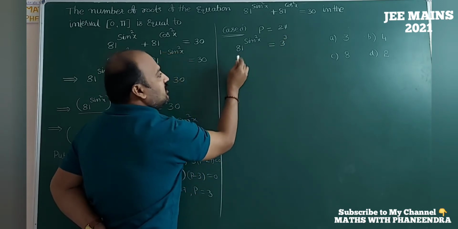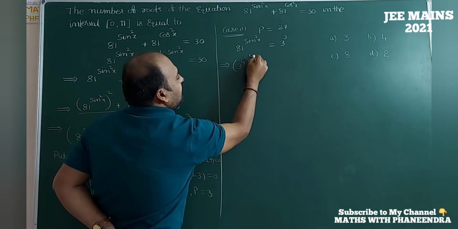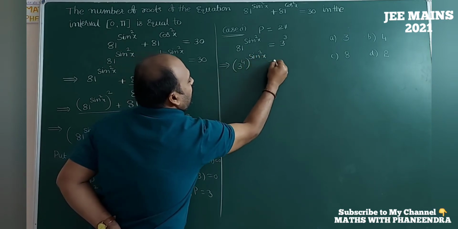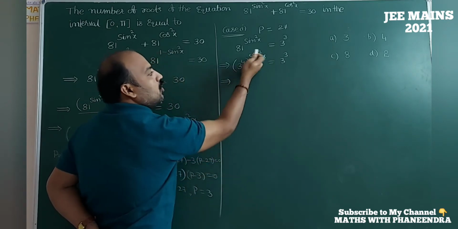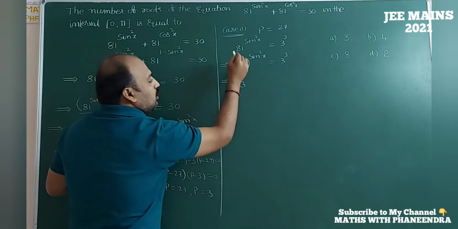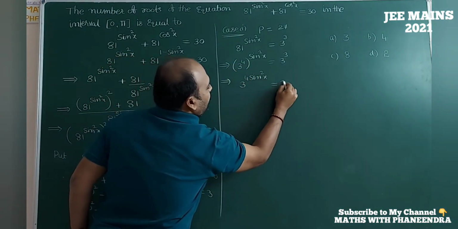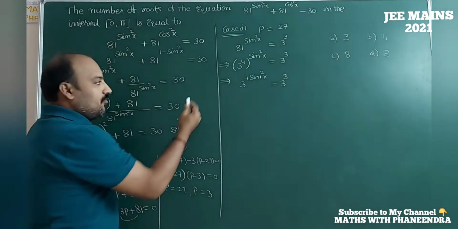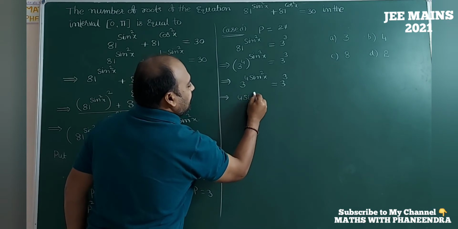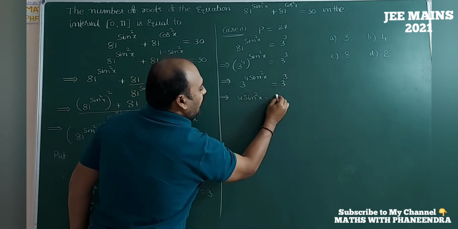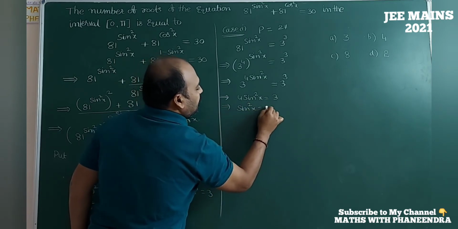Even 81 we can write in terms of 3: 3 power 4 whole power sin square x is equal to 3 power 3. That implies 3 power a power m whole power n is a power mn. So 3 power 4 sin square x is equal to 3 power 3. After that, equal bases should have equal powers: 4 sin square x is equal to 3. That implies sin square x is equal to 3 by 4.